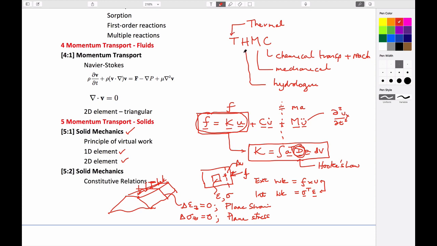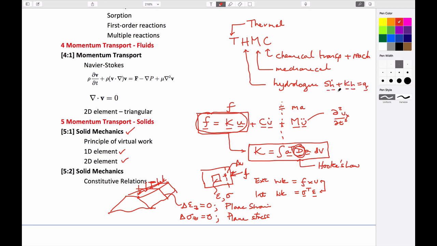Hopefully you'll note that these are exactly the four suites of behavior that we've looked at. We looked at hydrologic behavior first with an expression that is something like S H dot plus K H equals Q, if we write these in expressions.